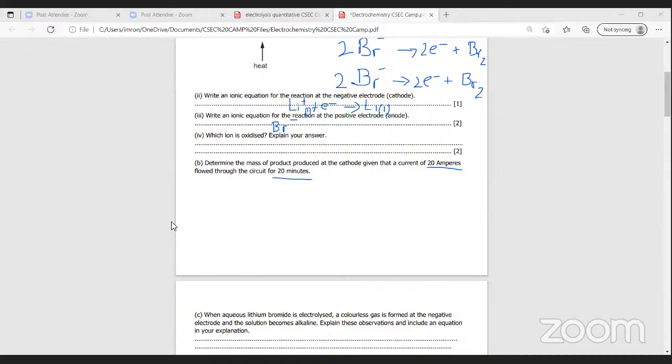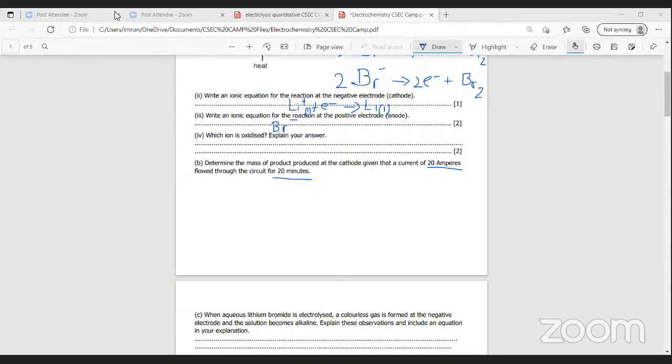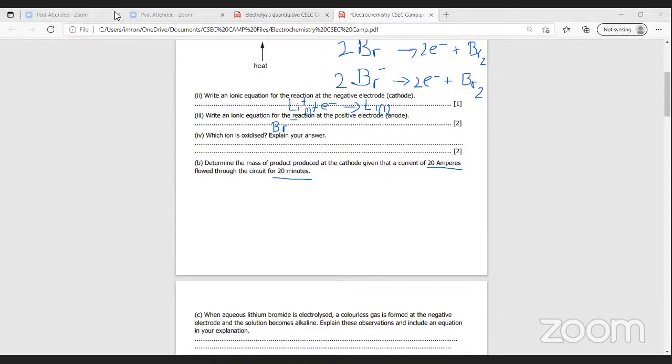So let's go again and start at the beginning. In electrolysis, anions travel to the anode, where they give up electrons.